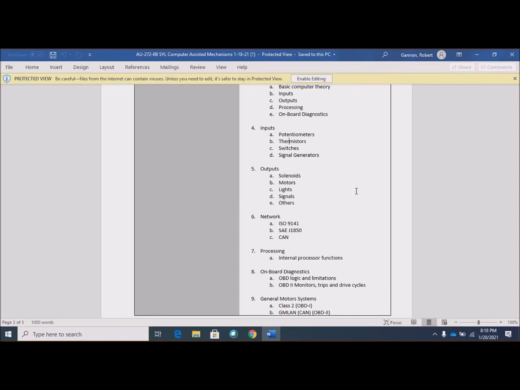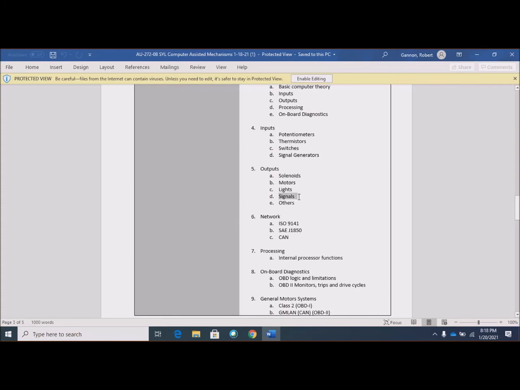So many things on a car are controlled by solenoids. They can control liquid, they can control motion, they can control various gas, vapor, vacuum, motors all over the car, lights, obviously, signals.